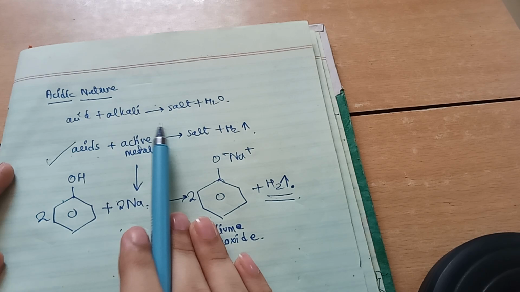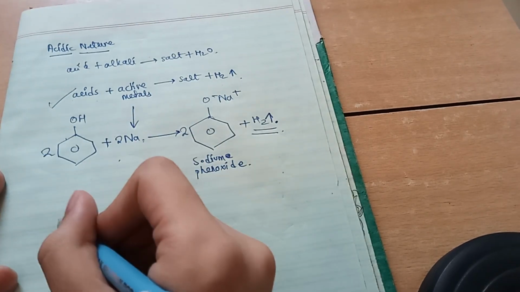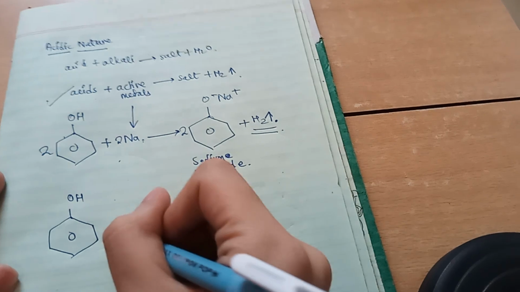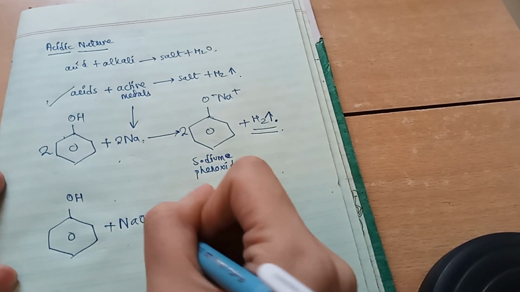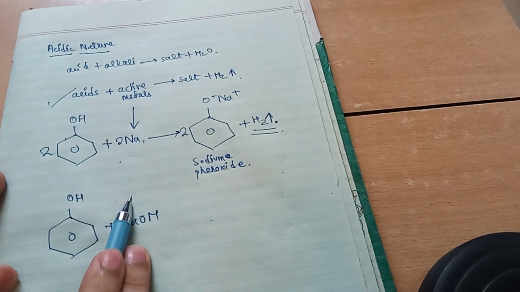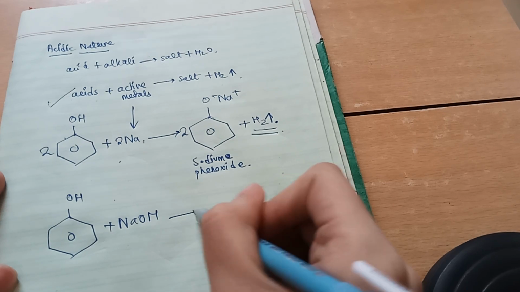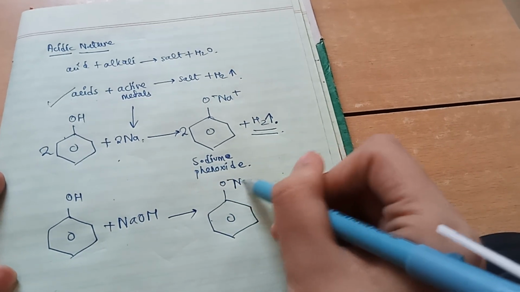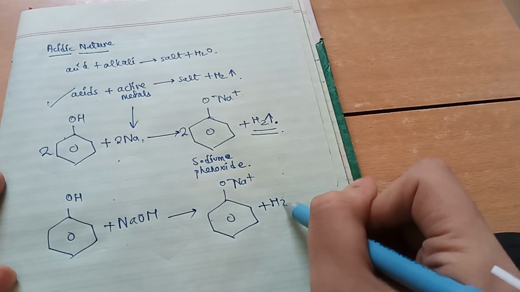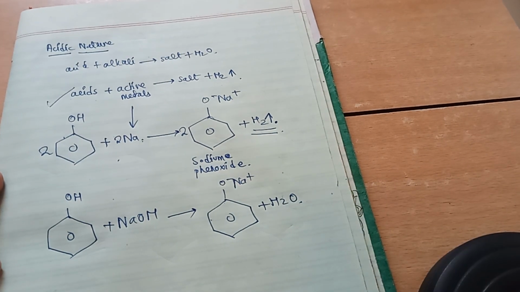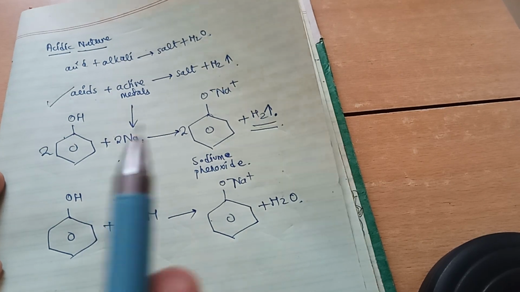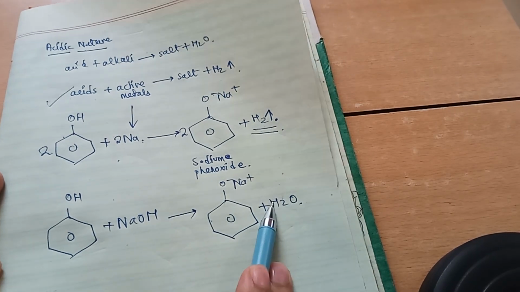Another reaction is there to prove that: phenol will react with NaOH. NaOH is an alkali, to give sodium phenoxide and water. So phenol will react with sodium hydroxide to give sodium phenoxide and water.